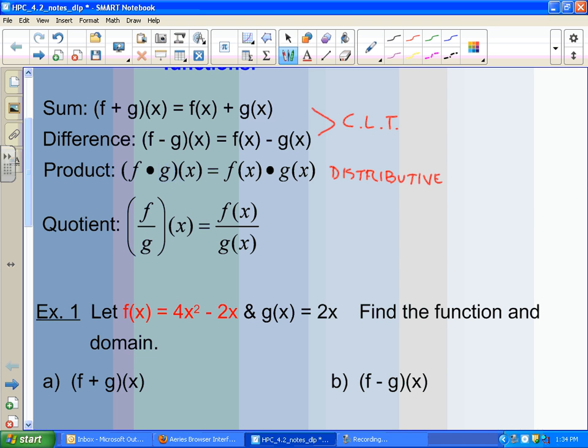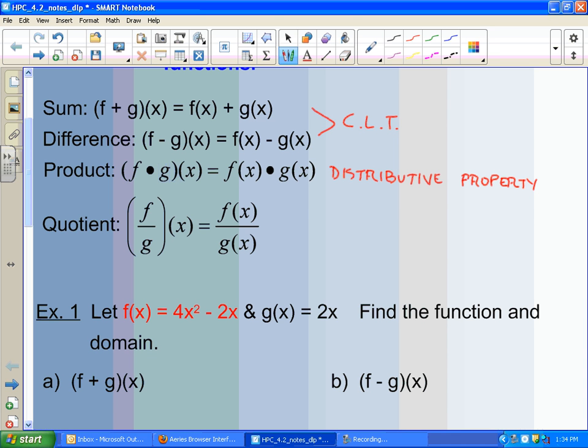Although technically it's not wrong, if you get an answer and you put it in factor form, it's okay. But that's all we're doing with product.